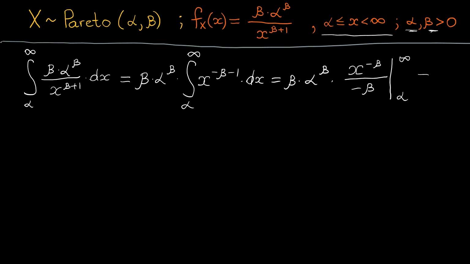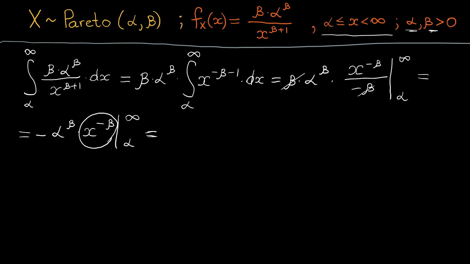So let's try to evaluate this. Let's simplify it first, and then we'll evaluate it. We got a beta here and a beta here that will go away, and what we have left is minus alpha to the power of beta times x to the power of minus beta. Okay, so evaluated at infinity, x to the power of minus beta, so infinity to the power of minus beta, will be what?